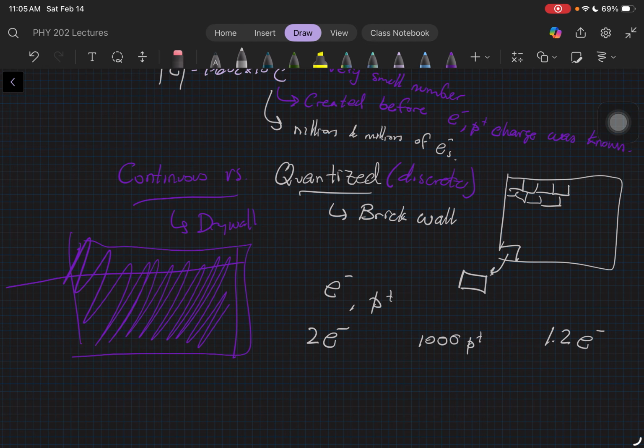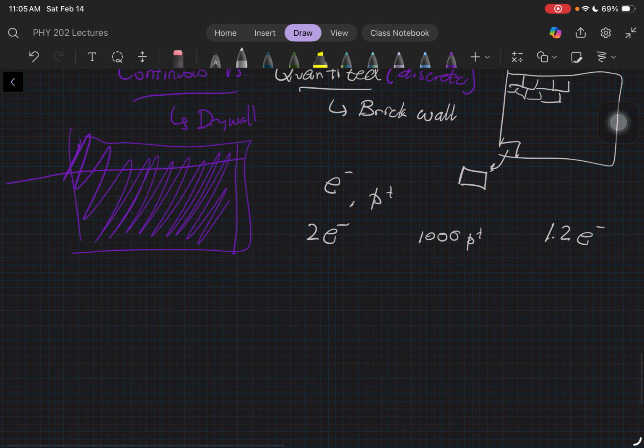That's not something we're ever going to have in this class. And so for most of our applications, when we get into something that has a few coulombs, you have 10 to the 19-ish electrons in there, and so you are no longer in the regime of quantization.